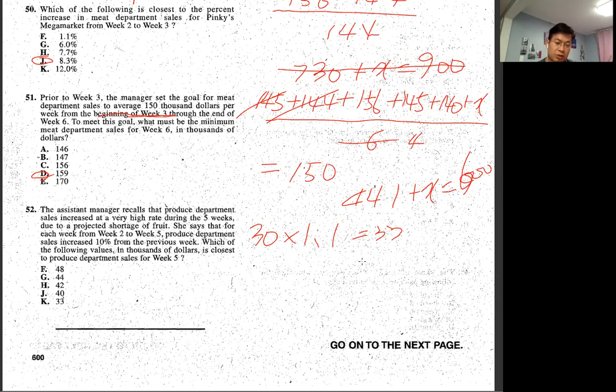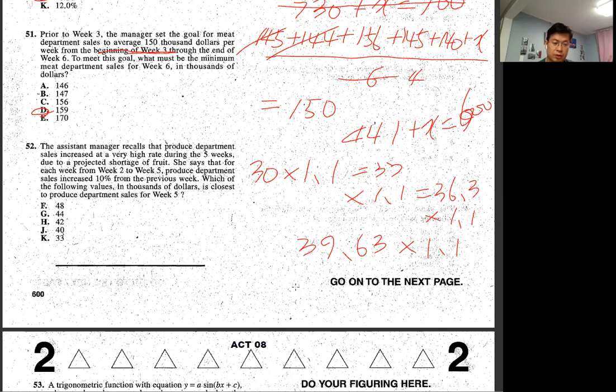Then times 1.1 will be week 3, 36.3, and times 1.1, 39.93, and then 1.1, 43.923, so almost 40.